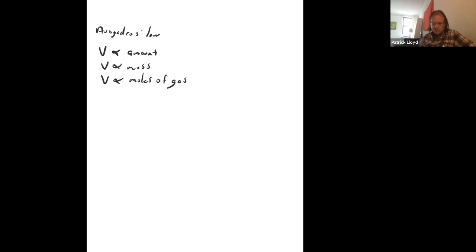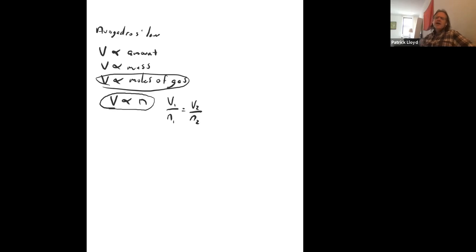Okay, that's the one we'll use. And so I'm going to write it using symbols, proportional to n. Okay, so it's proportional to the number of moles of gas. Now you can write this as an equation as V1 over N1 equals V2 over N2. That's perfectly fine.